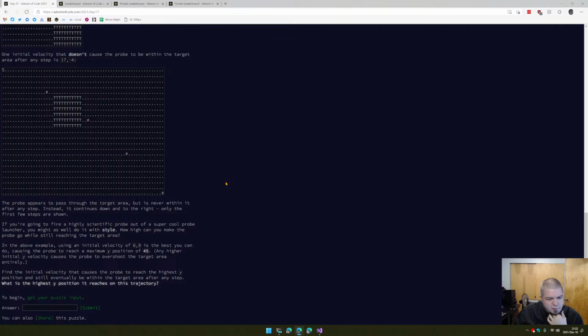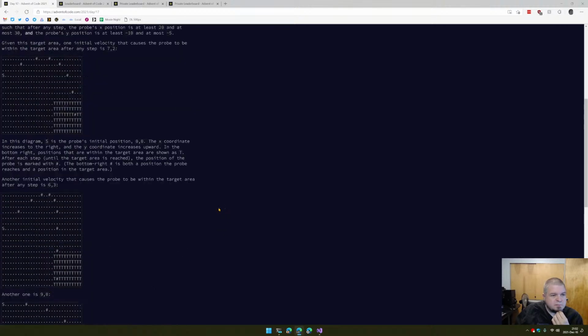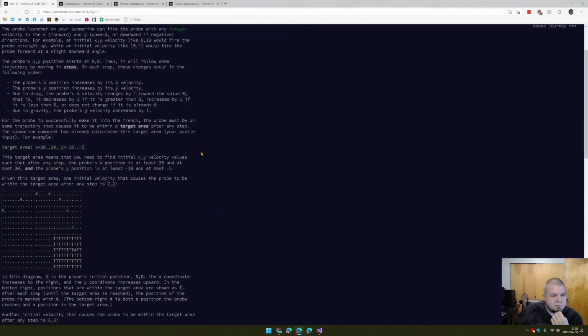Causing the probe to reach a maximum y of 45. Any higher initial y velocity causes the probe to overshoot the target area entirely. The highest y position it reaches. Well, that's interesting, isn't it?